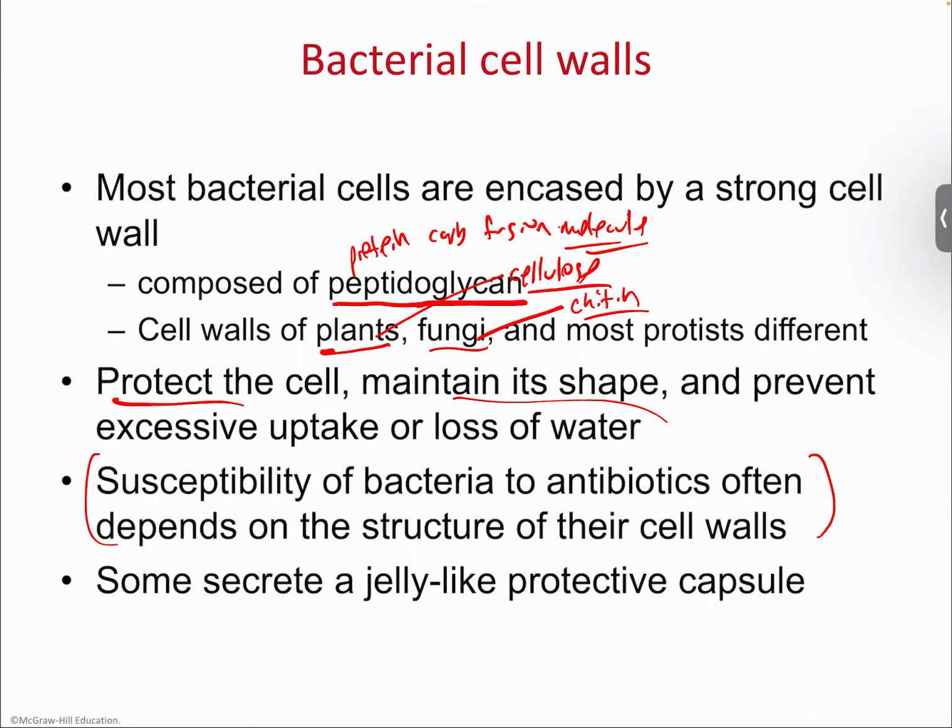Oftentimes we can categorize different bacterial cells according to their cell wall structure. That's typically how antibiotics work. They go after some unique things in the bacterial cell wall and disrupt some important biology, and that blows the bacteria up and kills them off.